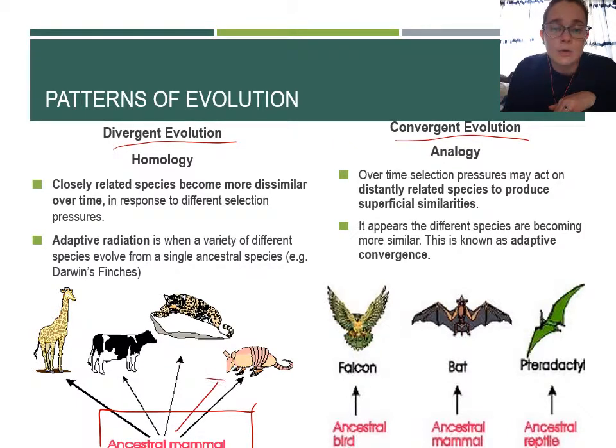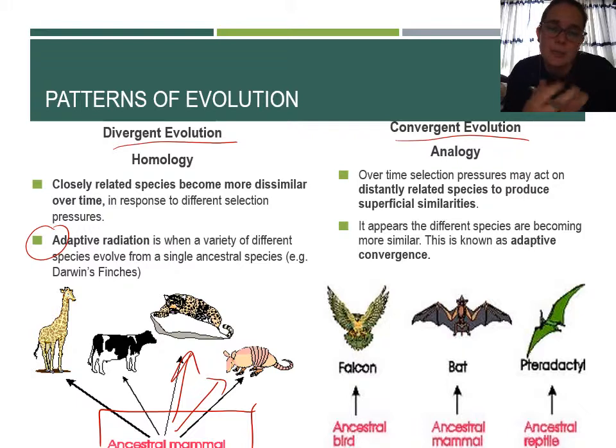So these guys here all share a common ancestor, but over time their selection pressures have made them all different to each other. And this is what we also refer to as adaptive radiation. So we have a variety of species that have evolved from a single ancestral species. So if you think about Darwin's finches, which we're going to talk about in a little bit, they have one common finch ancestor that they've all diverged from.